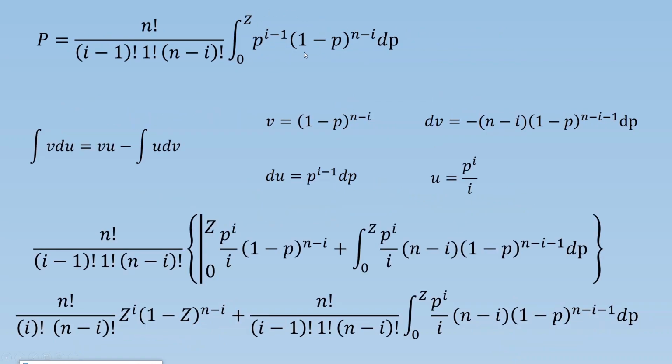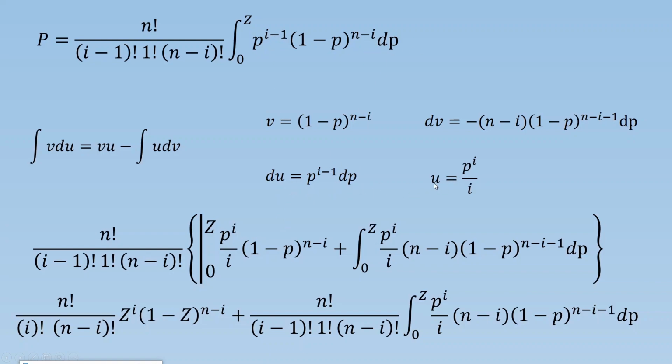Let us evaluate this integral. We are going to use integration by parts. So the integral of v du is vu minus the integral of u dv. In this case, we consider v to be (1 minus p) to the power n minus I, so dv becomes this. And du is p to the power I minus 1 dp.